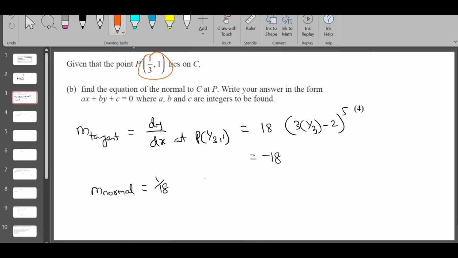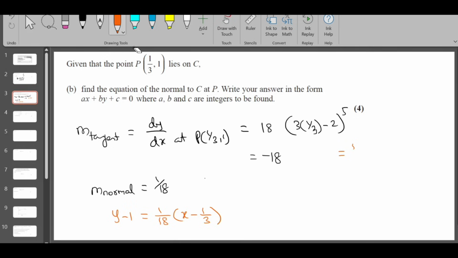We have a point, we have a slope. You can write the equation y minus y1 is slope times x minus x1. They want the equation in this format where a, b, c are integers. So first open the bracket, you will get y minus 1 is 1 over 18 x.